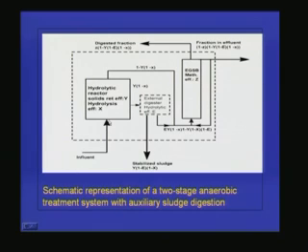So influent is coming here. This is the hydrolytic reactor, and whatever soluble organic matter comes out after the hydrolysis goes to the methanogenic reactor.